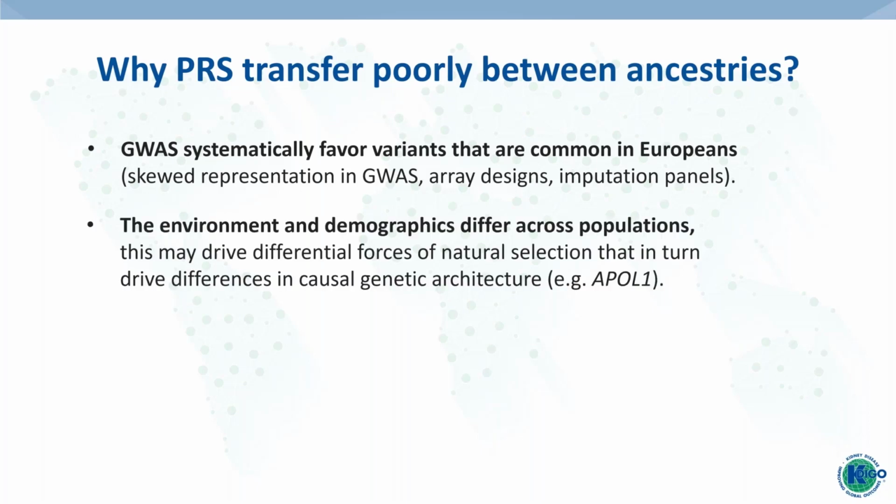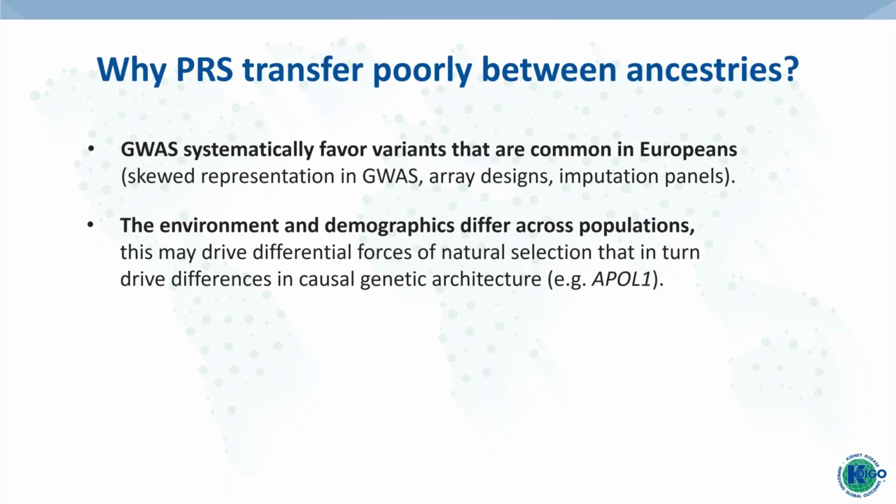Secondly, the environment and demographics actually differ between populations. So this might drive differential forces of natural selection that in turn drive the differences in the causal genetic architecture of the disease. And a perfect example of this is the APOL1 risk genotype, which is present exclusively in individuals of African ancestry.